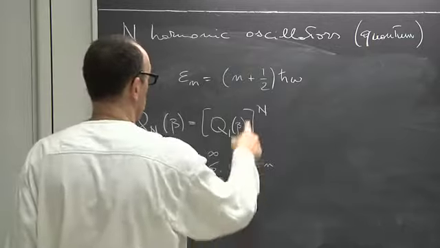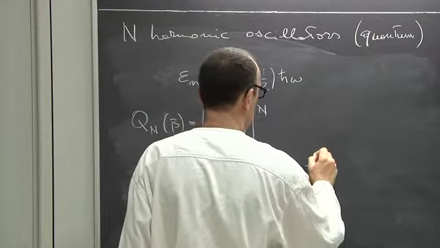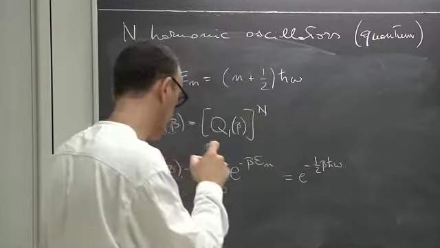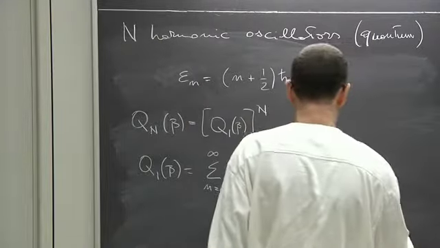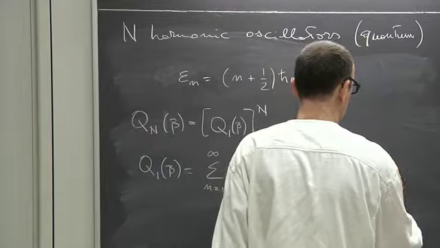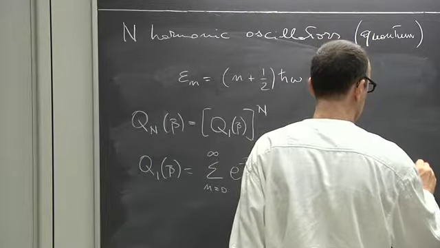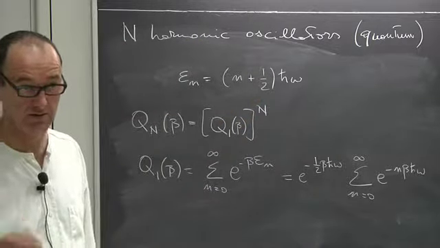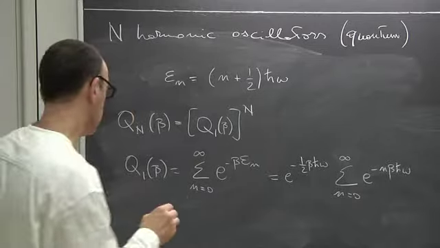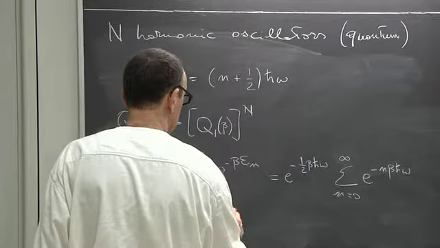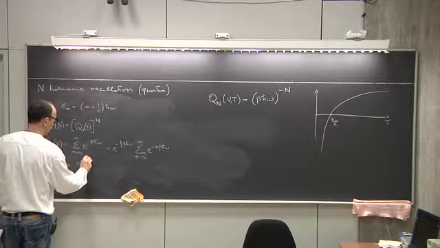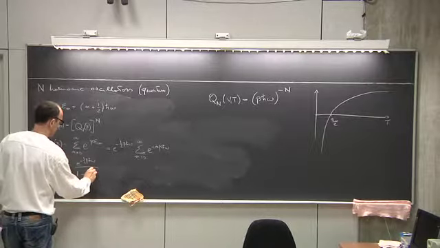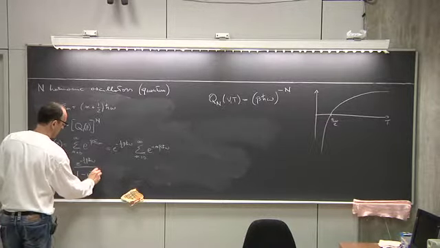And if I substitute this here, this is e to the minus 1/2 beta h bar omega, and then I have this sum from 0 to infinity of e to the minus n beta h bar omega. And this sum is just a geometric series, so I can compute it. This is e to the minus 1/2 beta h bar omega divided by 1 minus e to the minus beta h bar omega.